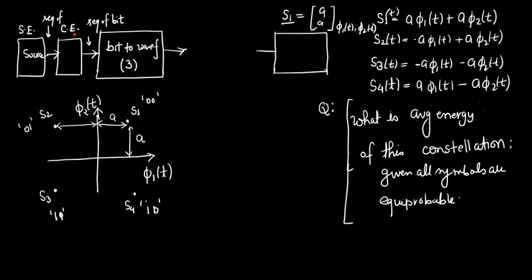See, this is S1 t, S2 t, S3 t, S4 t. So first you need to find out what is the energy of S1 t. How would you find out?